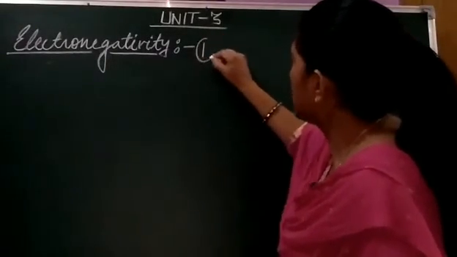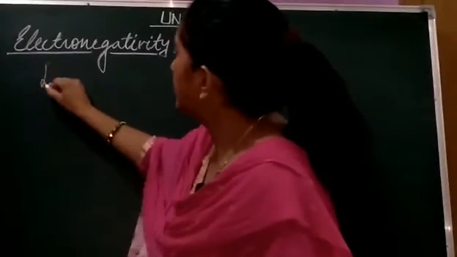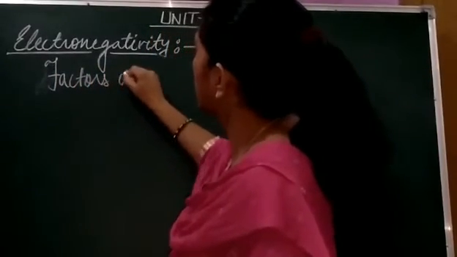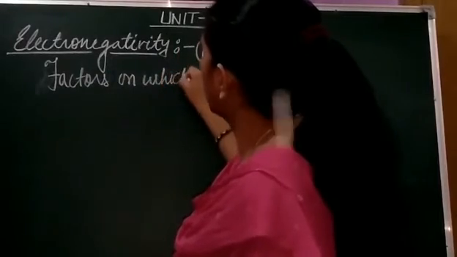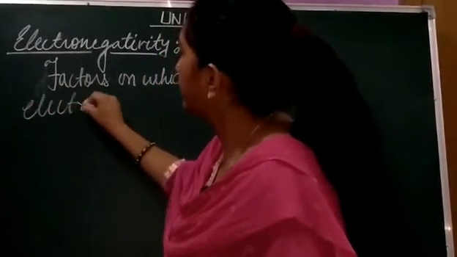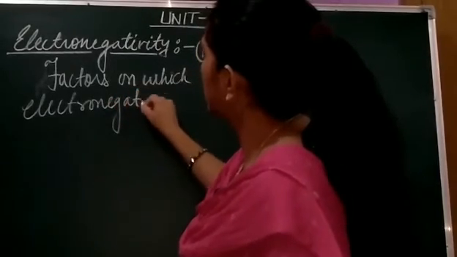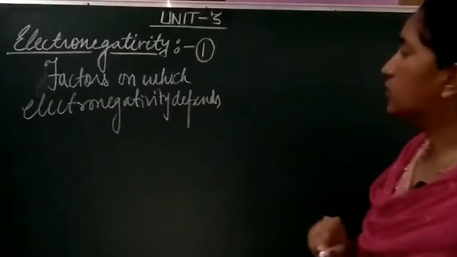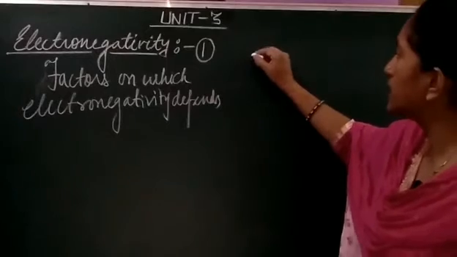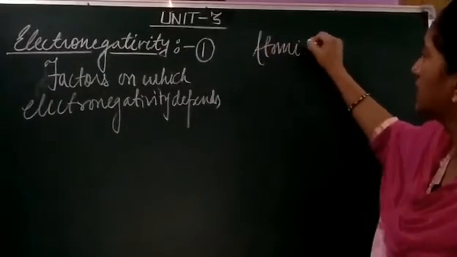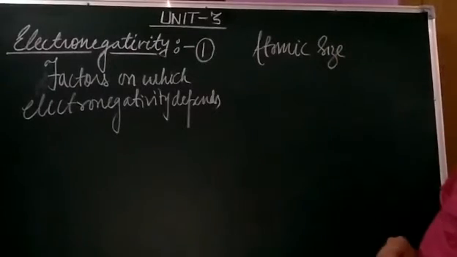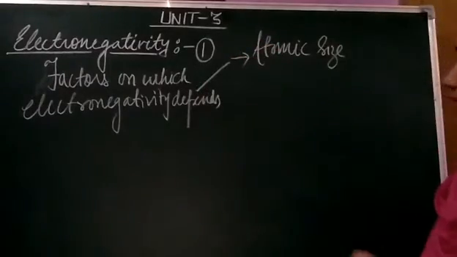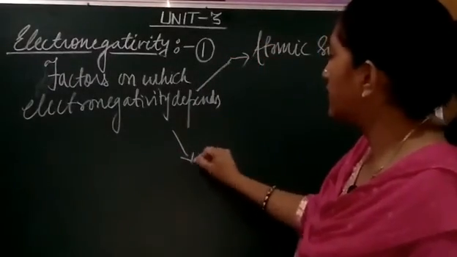The factors on which electronegativity depends: the first factor is the atomic size, and the second factor is the effective nuclear charge.